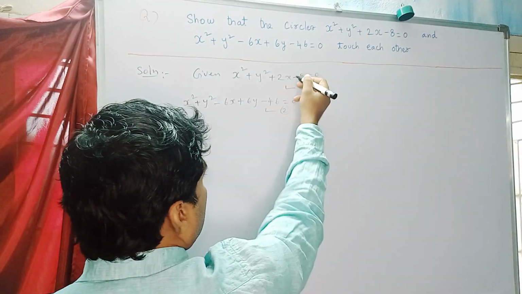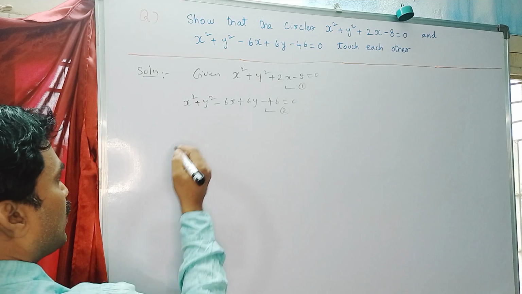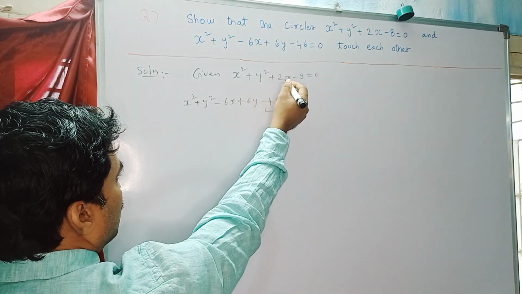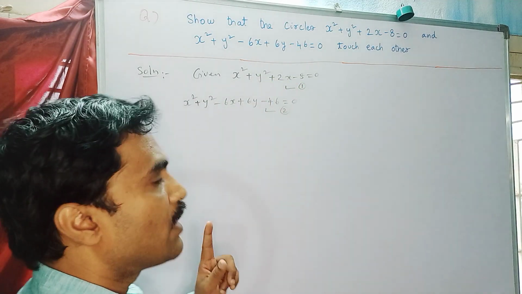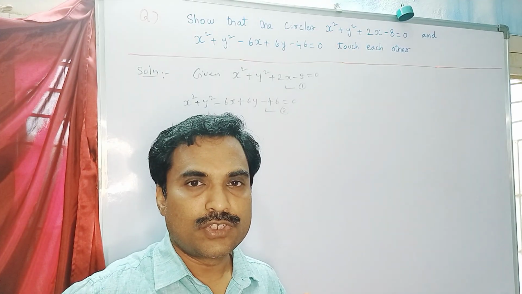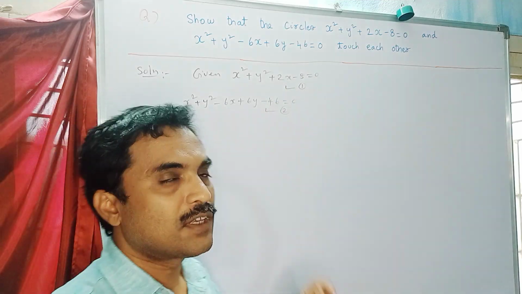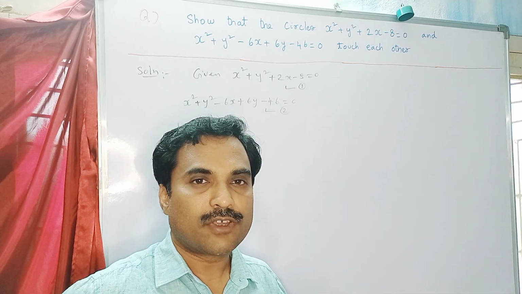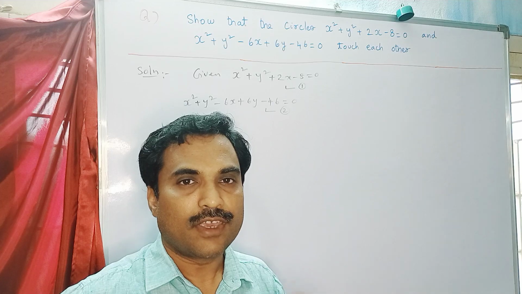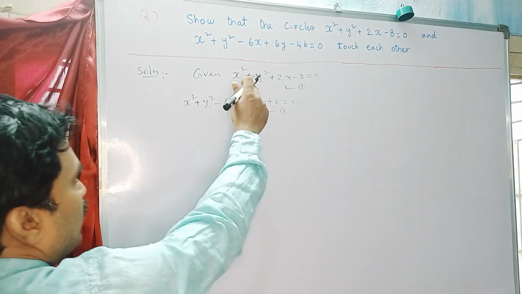First we will compare the first equation of circle with the general equation of circle. What is the general equation of circle? It is x² + y² + 2gx + 2fy + c = 0. Since two equations are given, we will write x² + y² + 2g1x + 2f1y + c1 = 0 for the first equation.